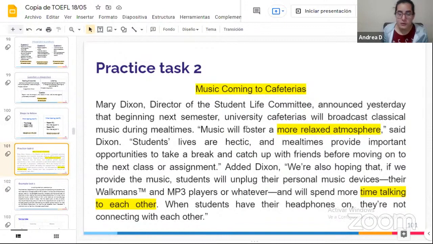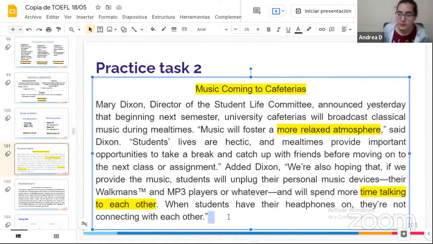Any other comments or questions before we get to the listening? Because we're gonna listen to this conversation here. Okay. So now let's listen to the conversation between the students. You know what to do. It's gonna be about the same change, music coming to the cafeterias. You have the reasons here, so you just need to try to catch those arguments and respond to them.